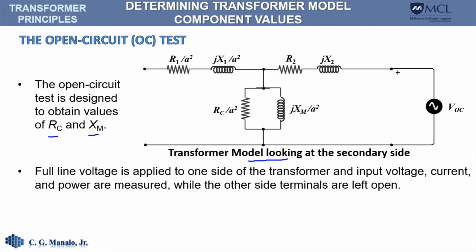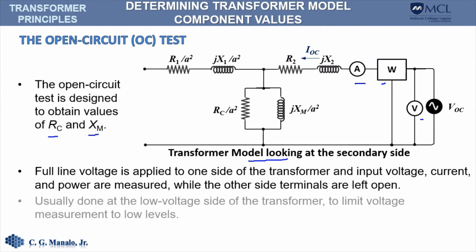Here we apply a voltage at the secondary side and then measure the resulting current and power consumed by the transformer. We also measure that applied voltage. The voltage is usually applied on the low voltage side of the transformer to keep the voltage at low levels.